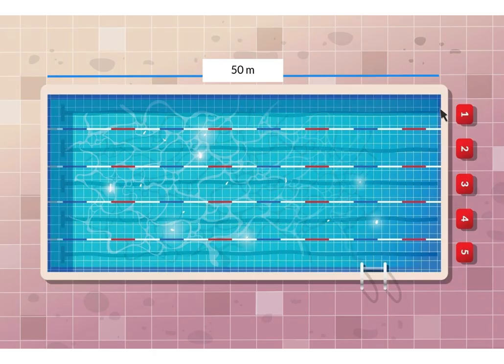However, my displacement, if I am back where I started from, is technically 0 because I am no distance away from where I started, no displacement. And so, distance here, I've traveled 200 meters going back and forth. But displacement, I'm right back where I started from. So, my displacement here would be 0.